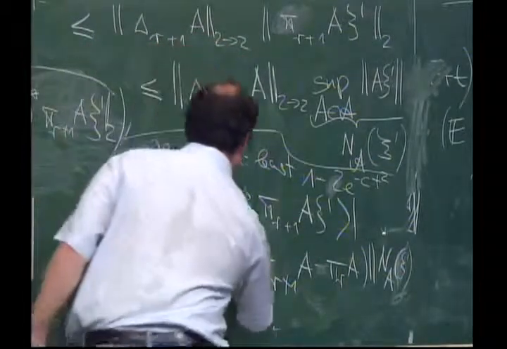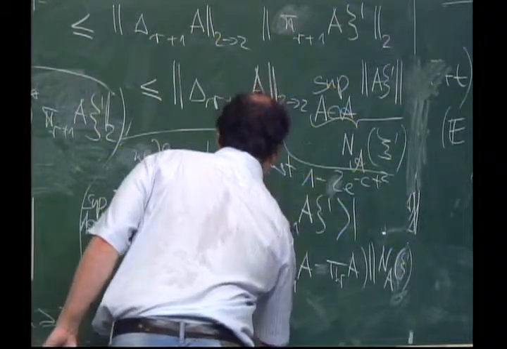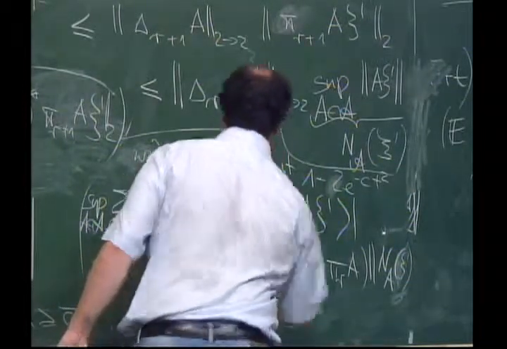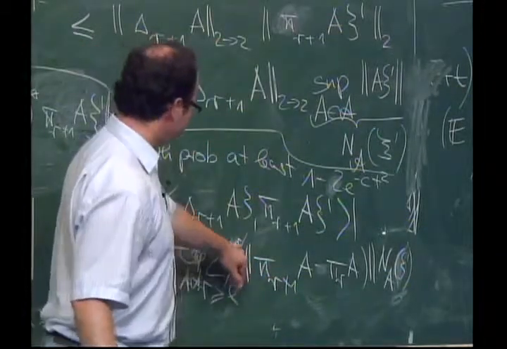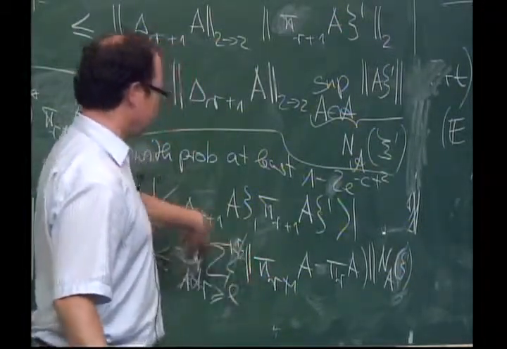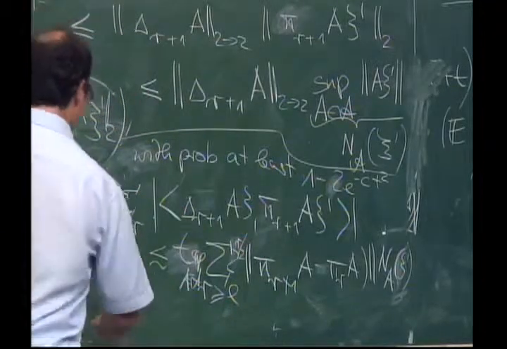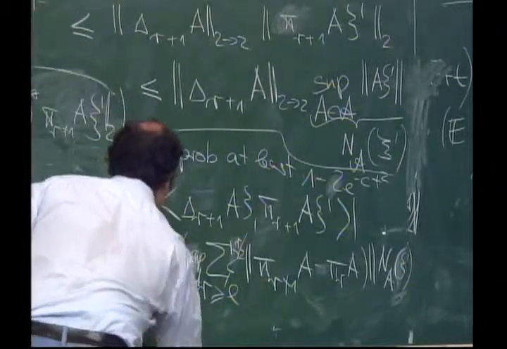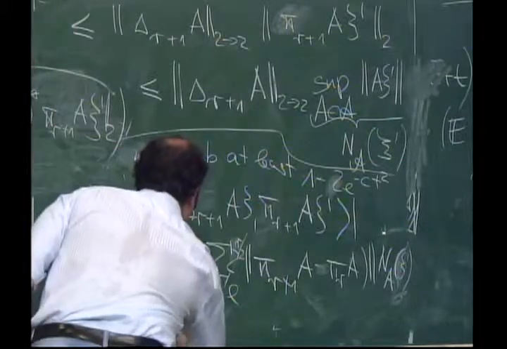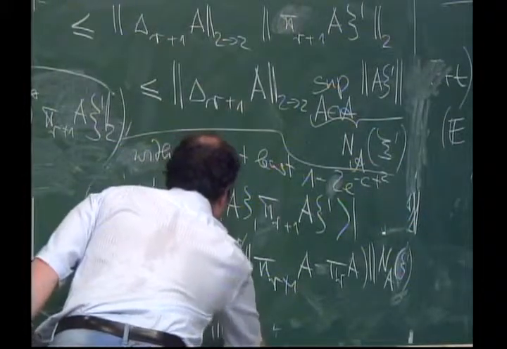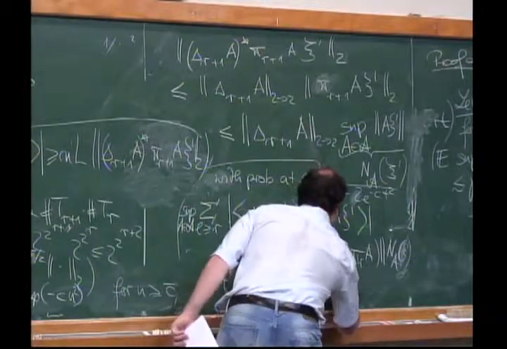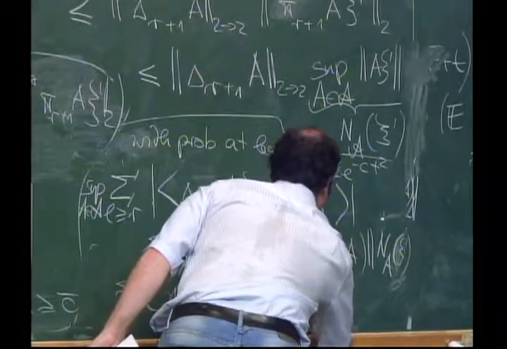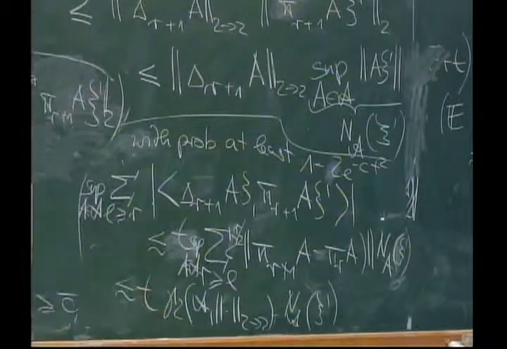So here it's 2 to the R over 2. And whether there's R plus 1 or not, you just put an R minus 1 here, and then you get out a constant. So basically, this is less or equal than t times the gamma 2 functional of A with respect to the spectral norm. And here you get this term.